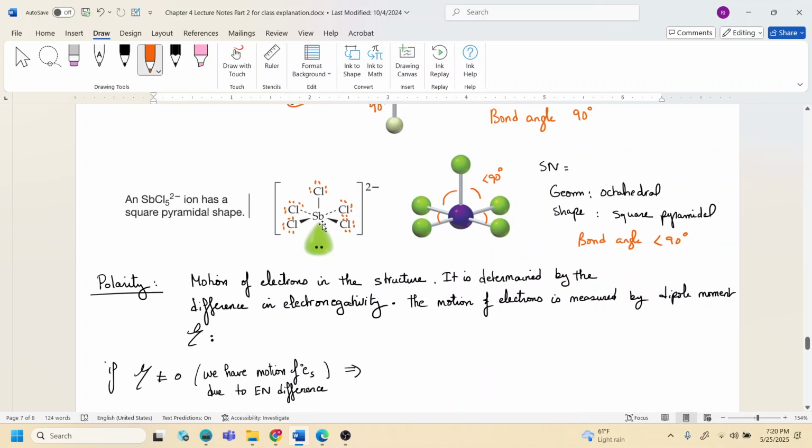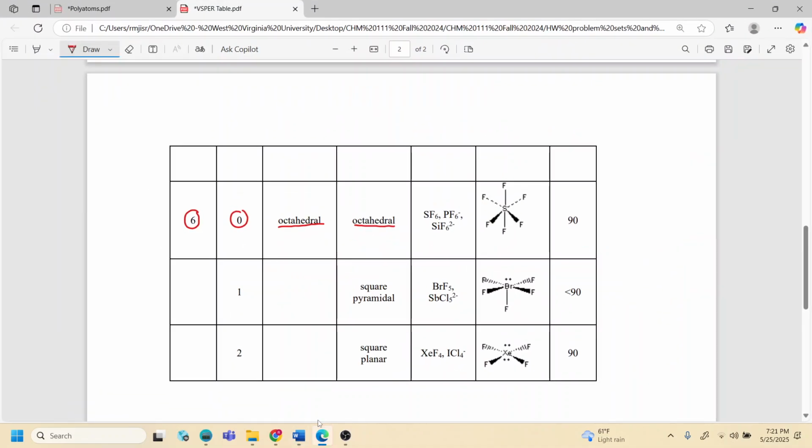So calculate your steric number here. The steric number is the number of atoms connected to the central. So I do have 5 chlorines, so this is going to be 5, plus there is one lone pair, so I'm talking about 6 steric number, and the lone pair now is equal to 1. So I go over here to the table, and okay. So steric number 6, lone pair 1.